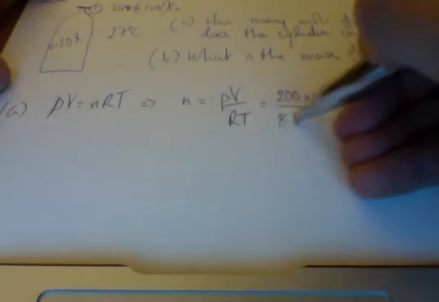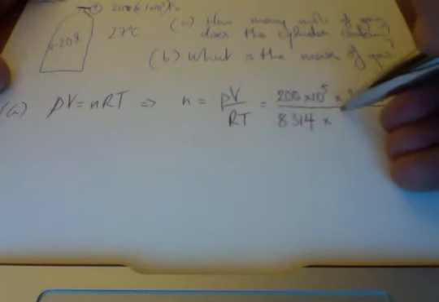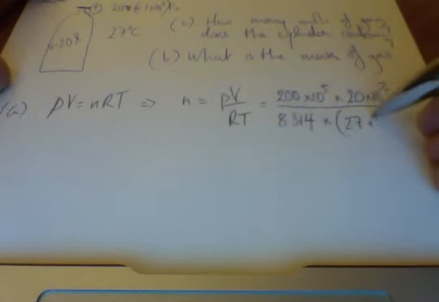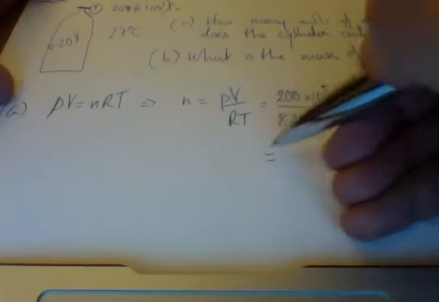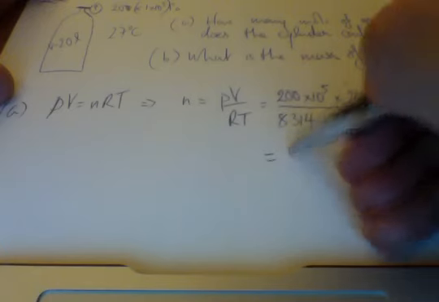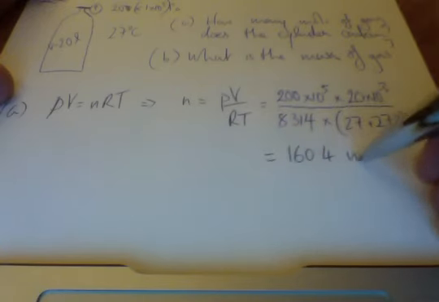Divide that by the universal gas constant, and of course the temperature in Kelvin. And this gives rise to 160.4 moles of gas.